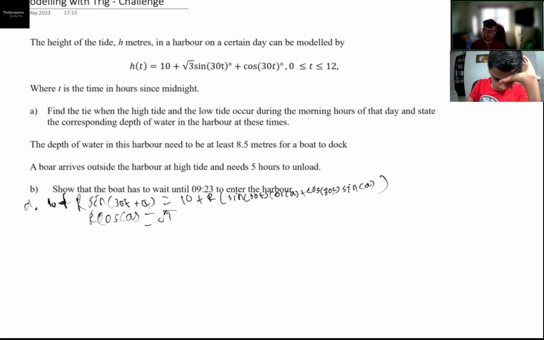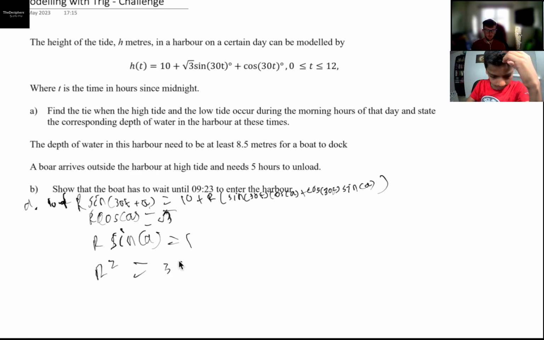And r sine alpha equals 1. Yep. So then we can use our Pythagorean trick to find r. So r squared is root 3 squared plus 1 squared, which is 4. So r is 2. Yeah, brilliant, that's actually pretty nice.